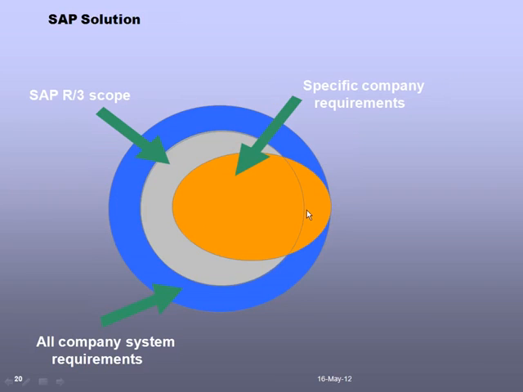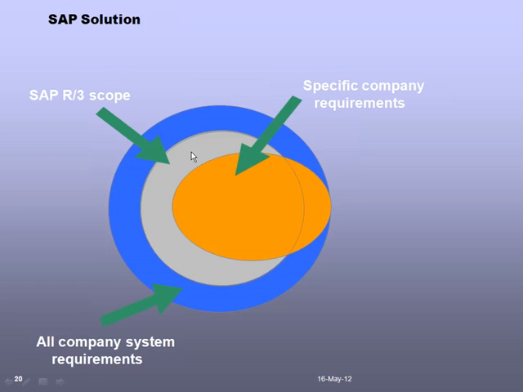This is a specific company's requirements. For example, in the automobile industry, assume there is a company like General Motors, or let's say Ford. So this yellow elliptical shape is the requirements of a particular company, Ford Motors. You can see the majority of this ellipse is covered in the inner circle. That means the majority of things can be done by standard SAP programs. You just have to identify what is meant for which purpose, and accordingly configure your system.